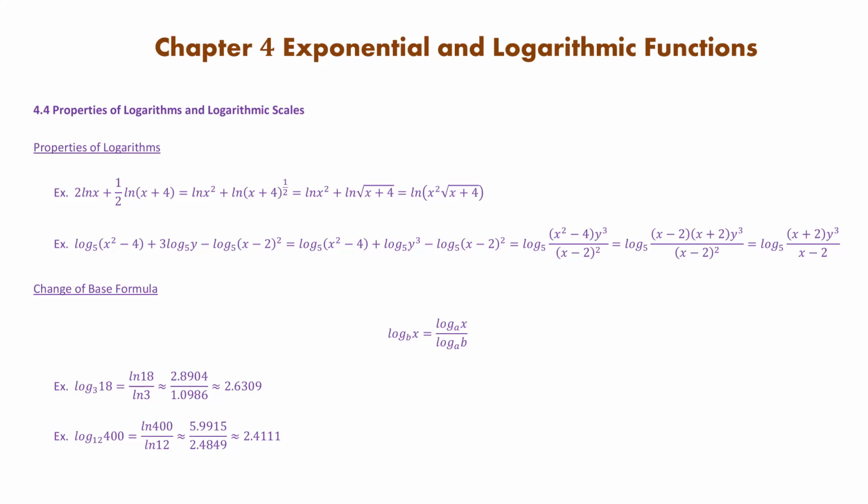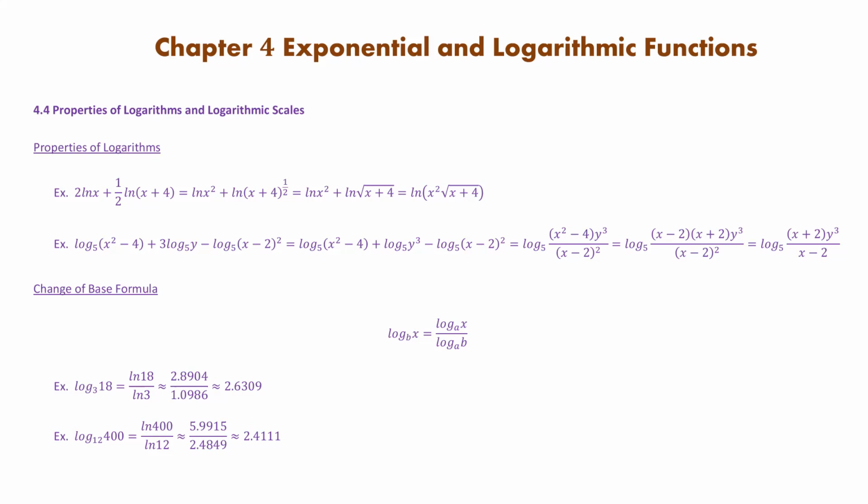Then we can combine the terms into one. You can do it one by one. You can combine 2 logarithms first and then combine the other one later, but you can also do the whole thing in one step. We know when you add 2 logarithms with the same base, it becomes a product.